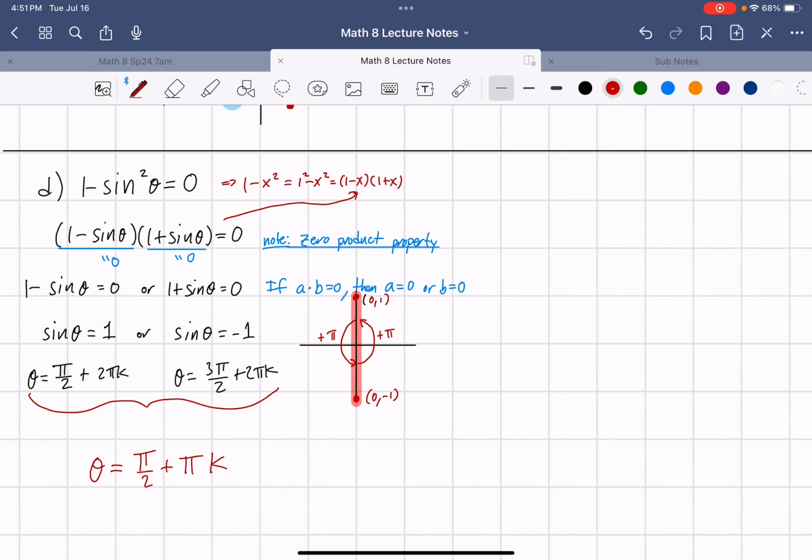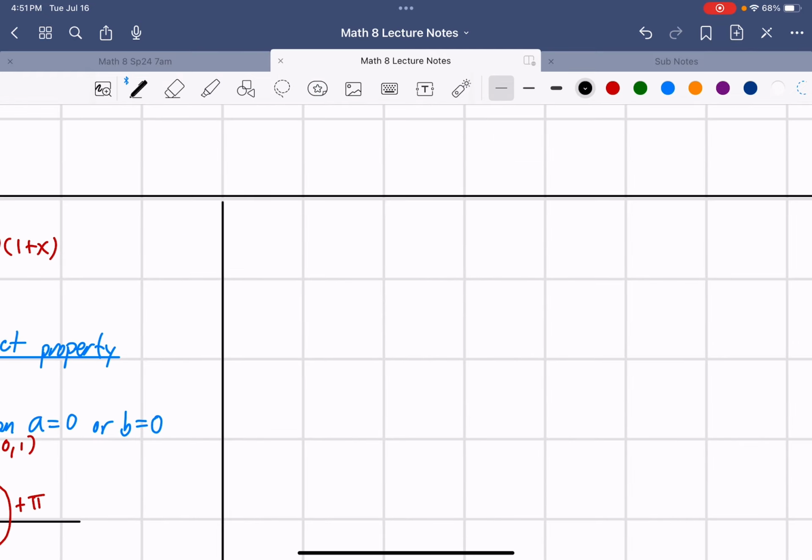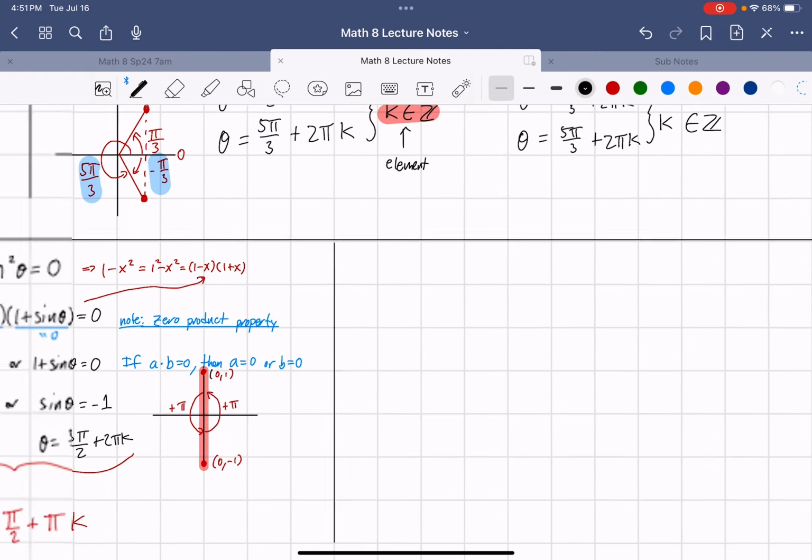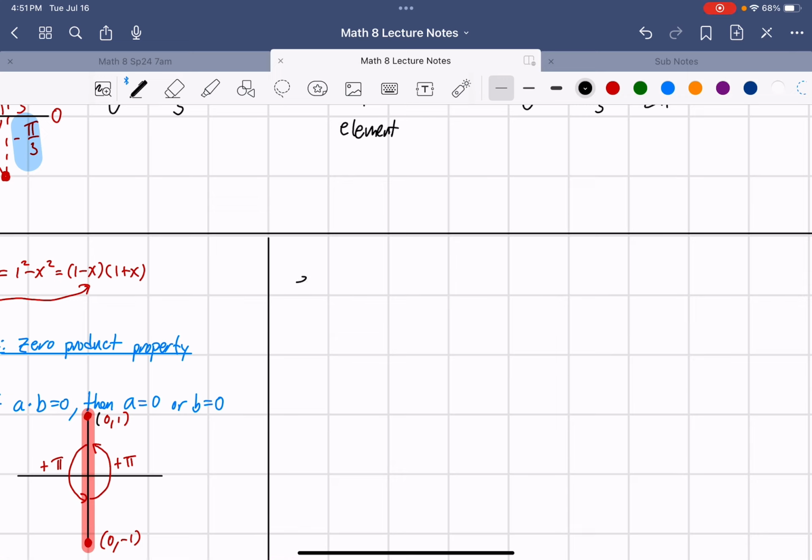Recognizing when you can use these factoring techniques that you did in algebra, thinking about what your general solution would look like. And just to give you a quick example of a different equation, let's say sine theta times cosine theta is equal to cosine theta.